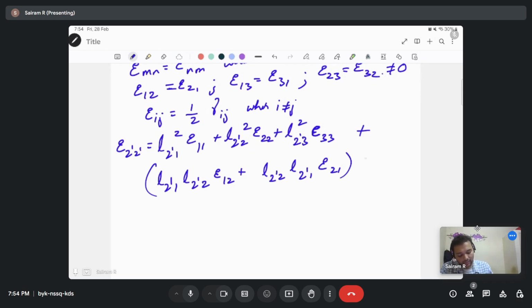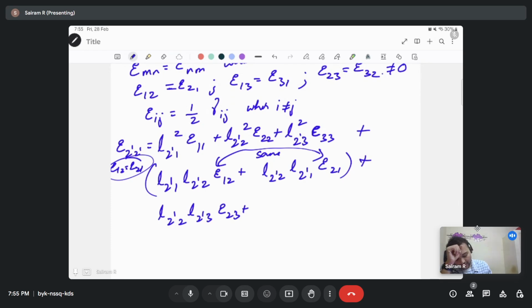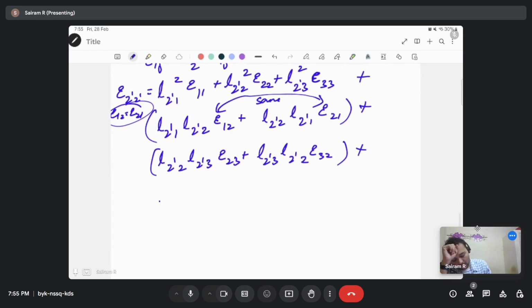I'm combining these two as one term because these are the same. Similarly I'm combining L2'2 L2'3 epsilon 23 plus L2'3 L2'2 epsilon 32, plus L2'1 L2'3 epsilon 13 plus L2'3 L2'1 epsilon 31.